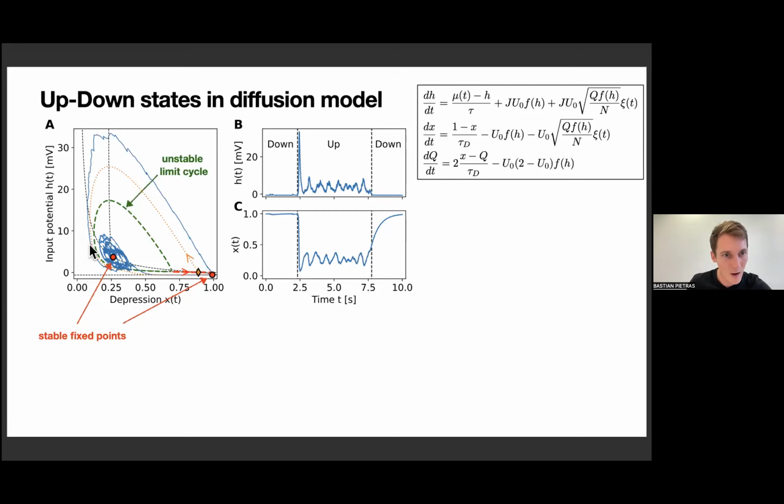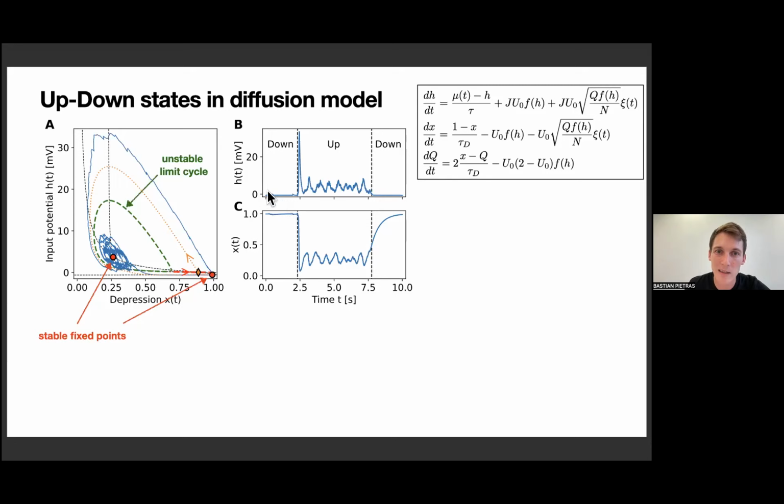and on the way back to our down state, we come very close to the unstable limit cycle, which is the basin of attraction of our stable fixed point here. And finite size fluctuations can kick us inside it. We try to run into the upper stable fixed point until other finite size fluctuations kick us out of the limit cycle, also out of the basin of attraction, so that we run back to our stable down state.